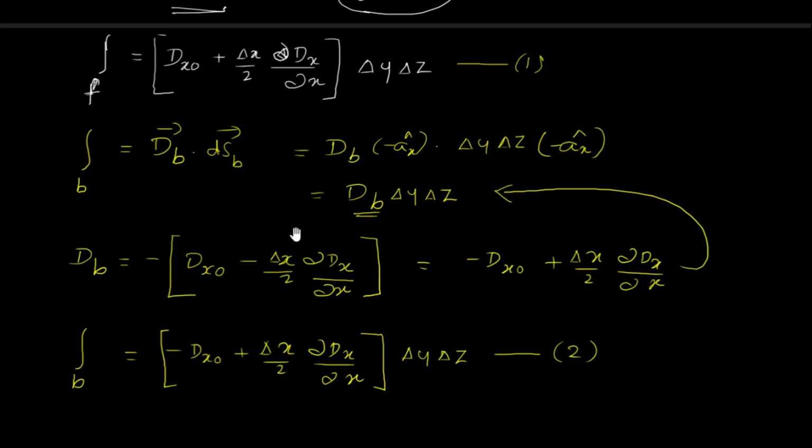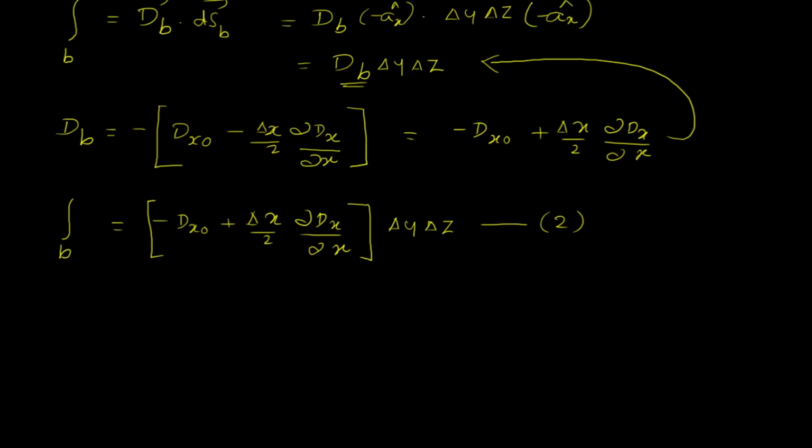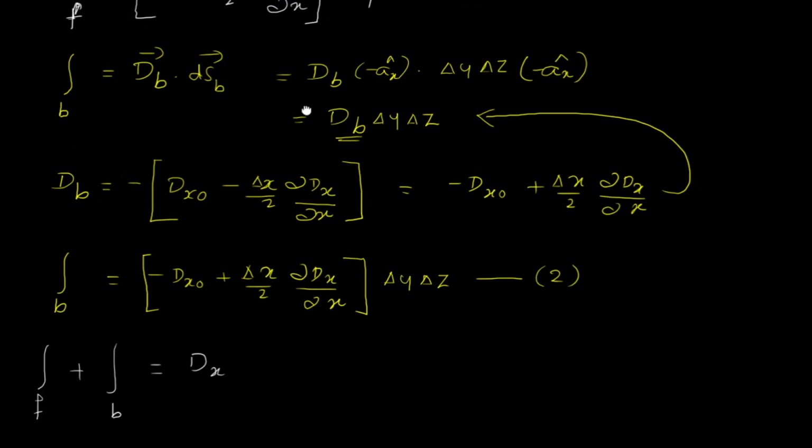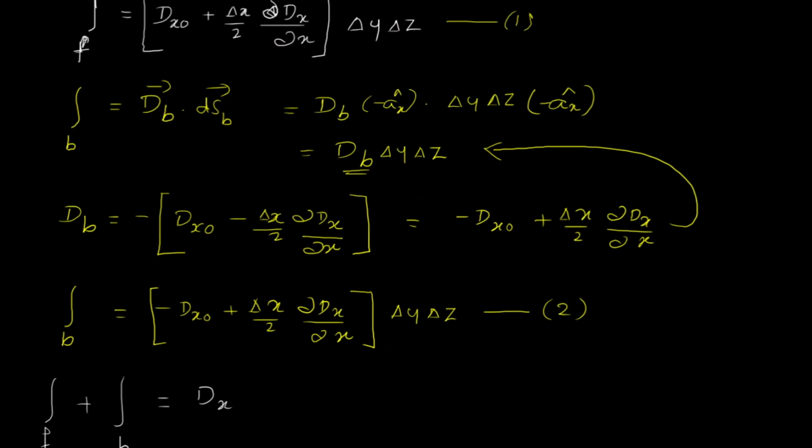So adding equation number 1 and 2, you can see here my first equation is here. If I add these two, I get dx naught, I will multiply this delta y delta z inside.